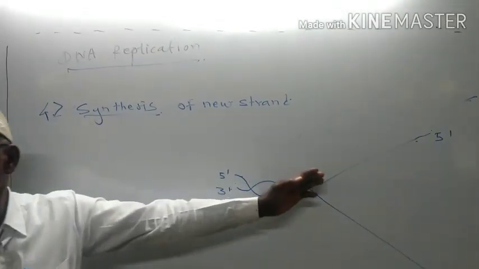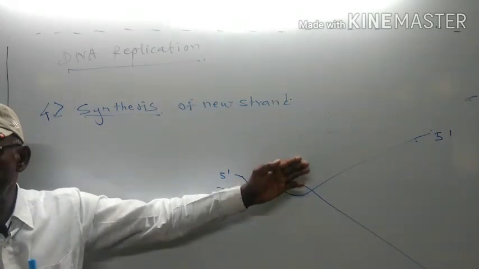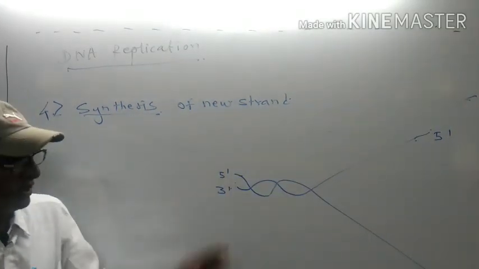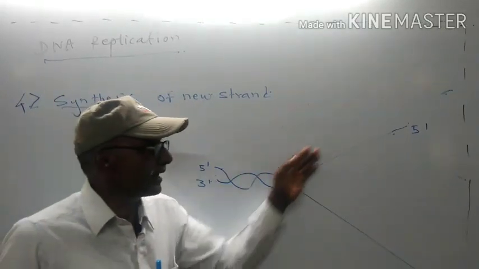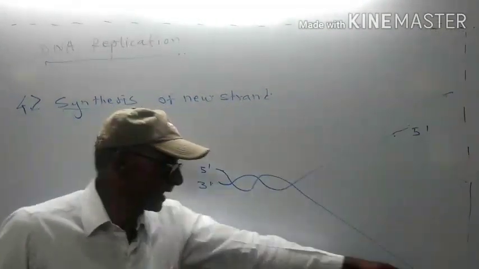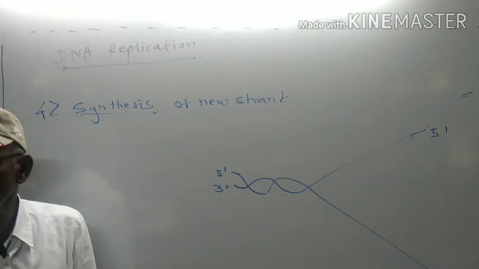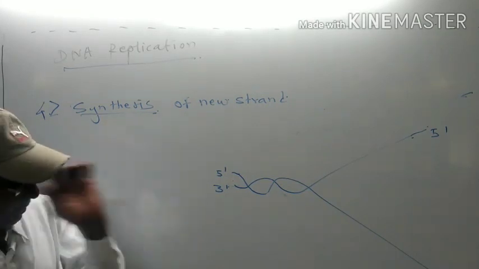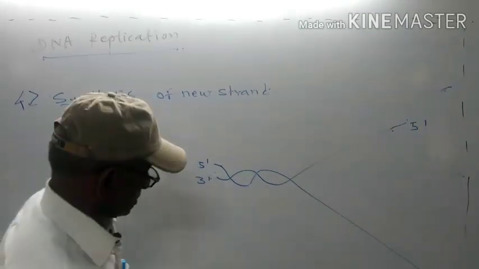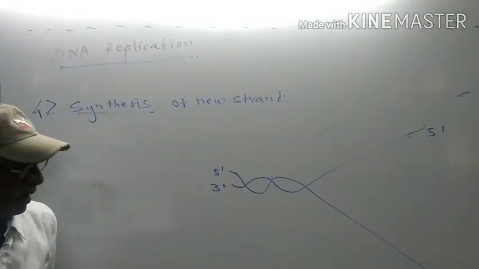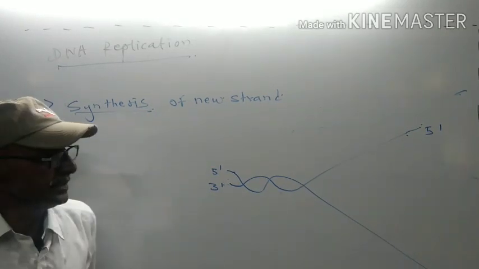Because we have seen the DNA strands are anti-parallel and complementary to each other. Means if one strand runs in this direction, the second will run opposite to the first. So we will see the synthesis of new strand now. What happens in the synthesis?